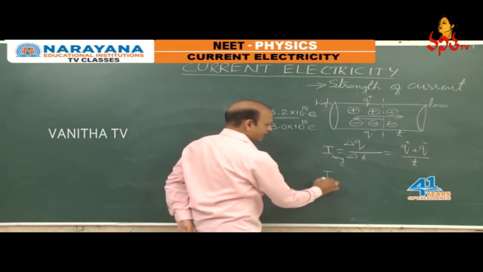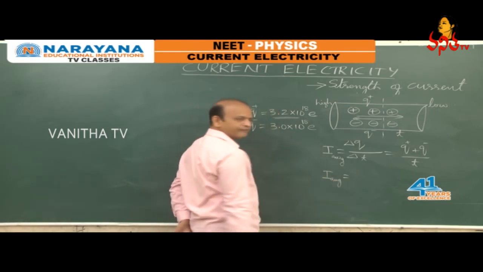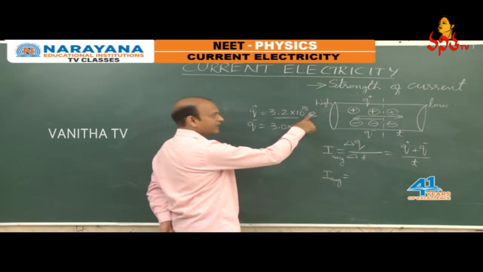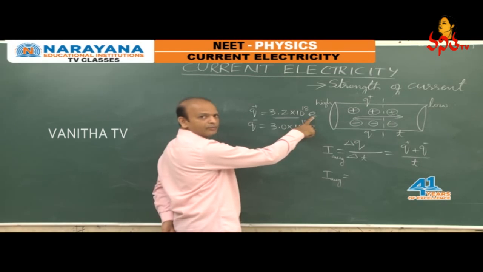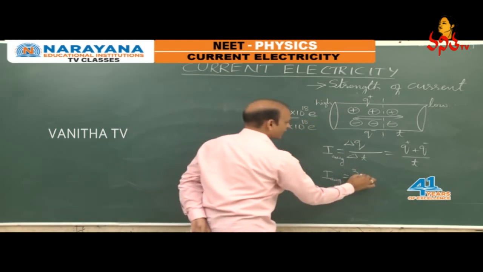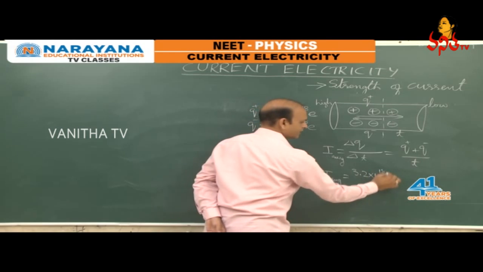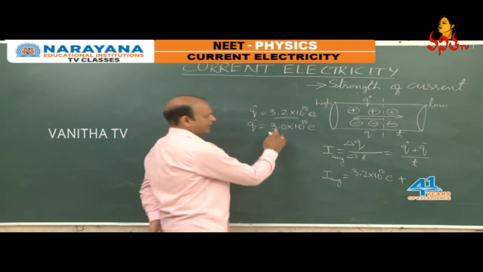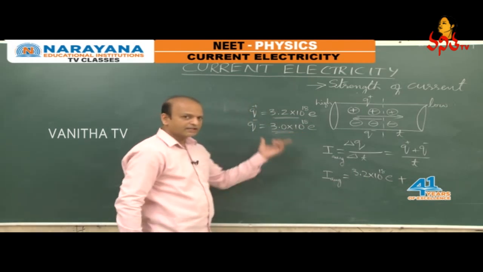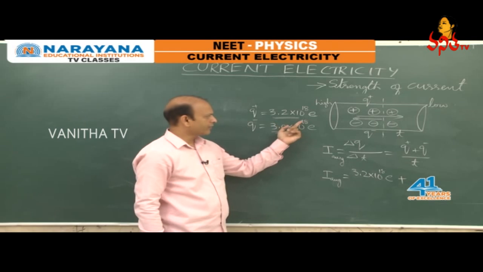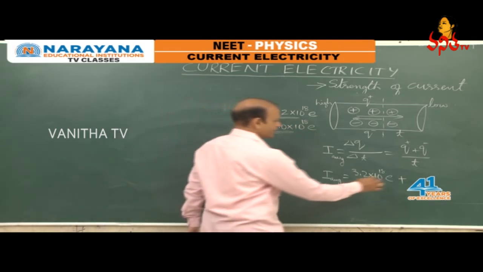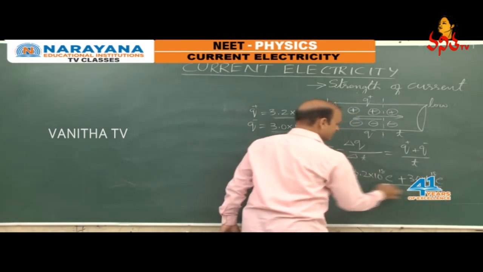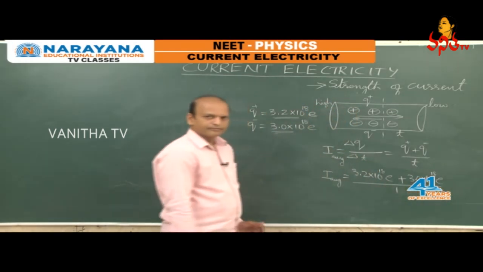Then the average current will be Q positive, which is 3.2 into 10 to the power of 18 times the electron charge in magnitude, plus the negative charge, in magnitude 3.0 into 10 to the power of 18 times the electron charge, in 1 second time.